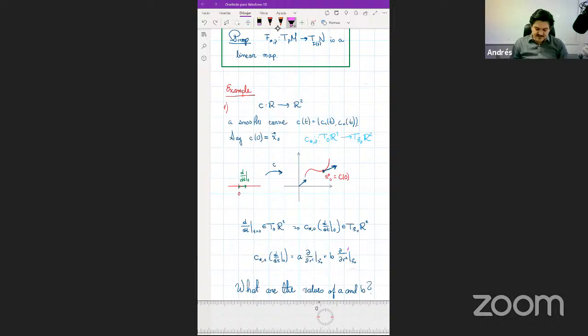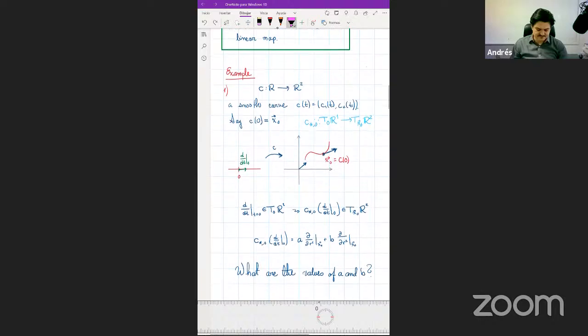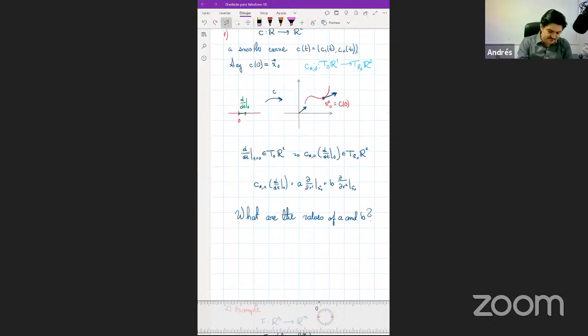Because this will give me 0, and this will give me 1. And so I know A. Right? So I'm going to evaluate this differential on this function.